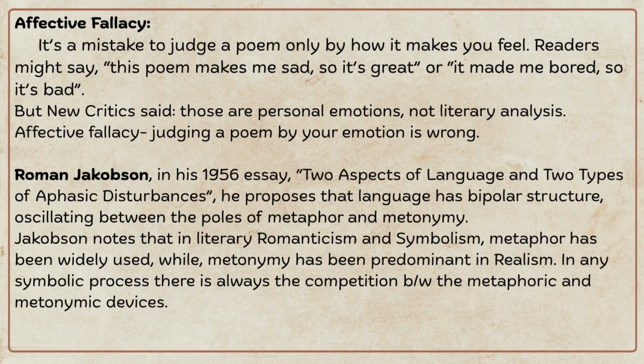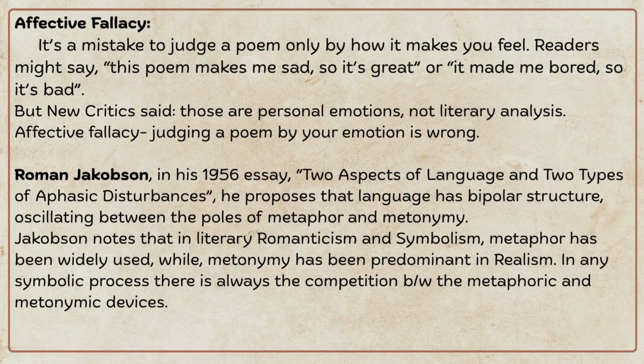So the next concept is Roman Jakobson in his 1956 essay Two Aspects of Language. He proposes that language has a bipolar structure oscillating between the poles of metaphor and metonymy.